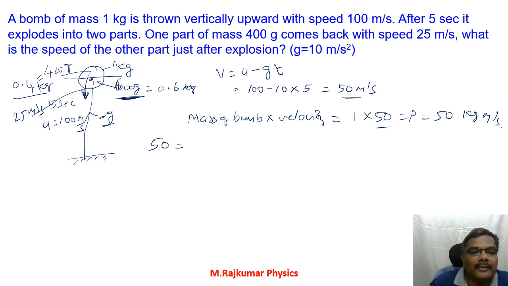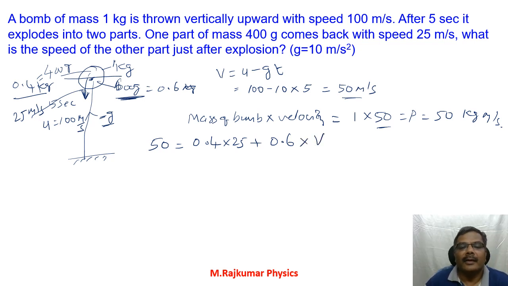So one is 400 grams, that means 400 grams mass into its velocity, which is given as 25, plus the second one, 0.6 kg into its velocity, which we have to find out. Say it is v. From this we can find the speed of the other mass, the 600 grams.